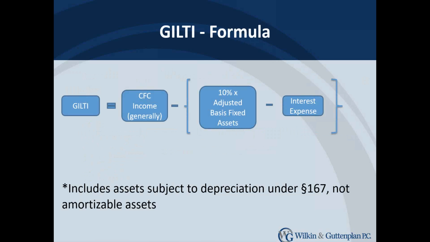For the most part, these are things that I can touch. I look at the total cost of that for U.S. tax purposes, and I take 10%. As long as I'm below that threshold, I don't have a GILTI problem generally. But if I have income of my CFC that's more than that 10% rate of return, this excess is going to be what we consider GILTI income.